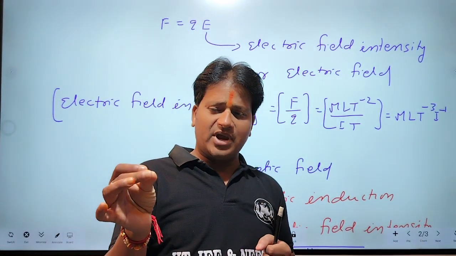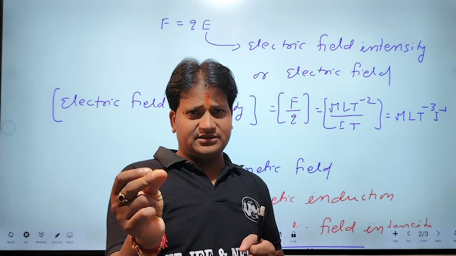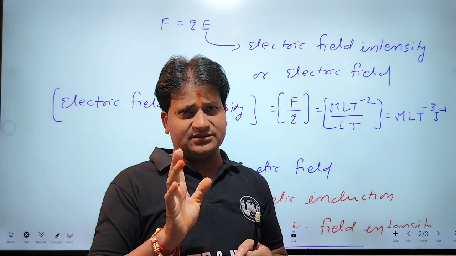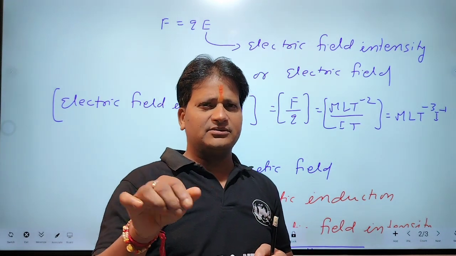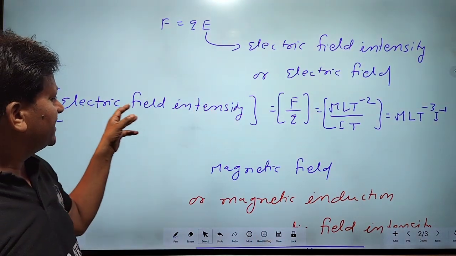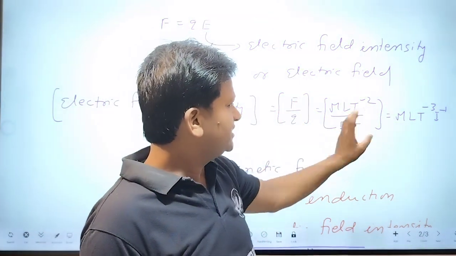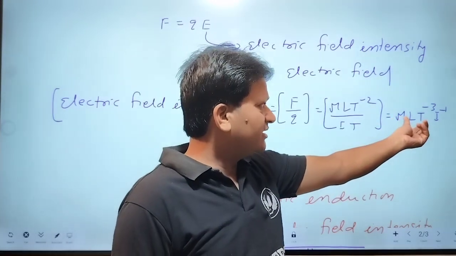Electric field at any point in an electric field is defined as the force experienced by unit positive charge placed at that point. Okay? Electric field intensity will be equal to force upon Q. Force is this and Q is IT. Therefore, dimension will be like this.